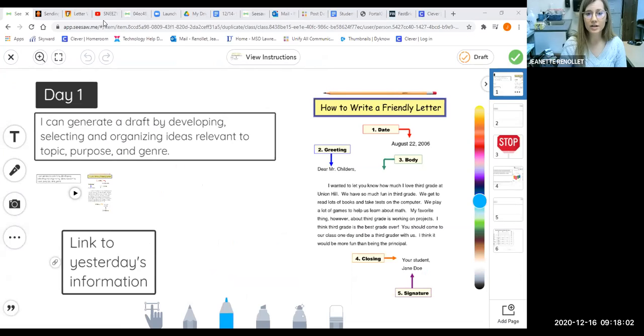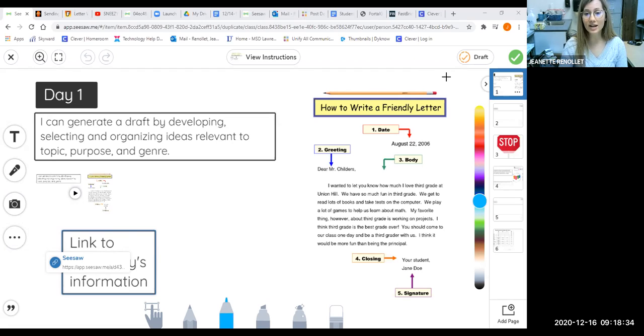On slide 1, you will see the parts to a friendly letter. Here is our success criteria. Today is day 1 of this task, and it says I can generate a draft by developing, selecting, and organizing ideas relevant to a topic, purpose, or genre. We know that means I can make the first draft of a friendly letter.